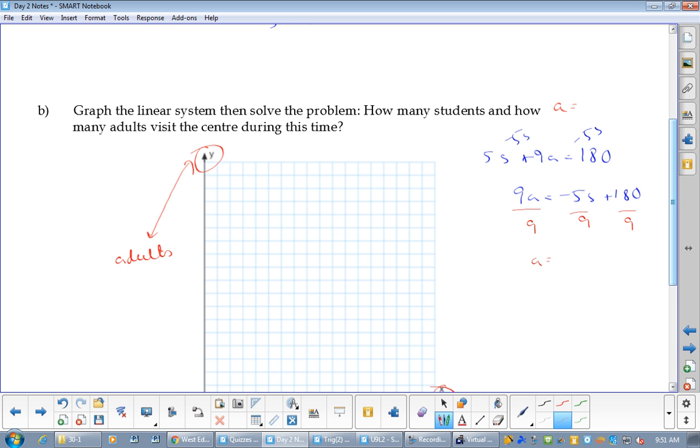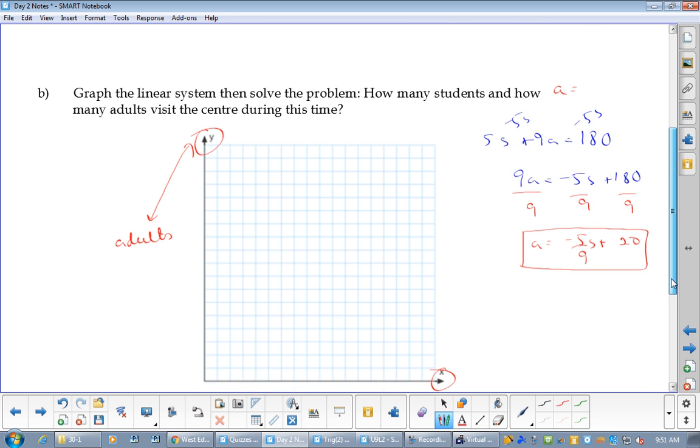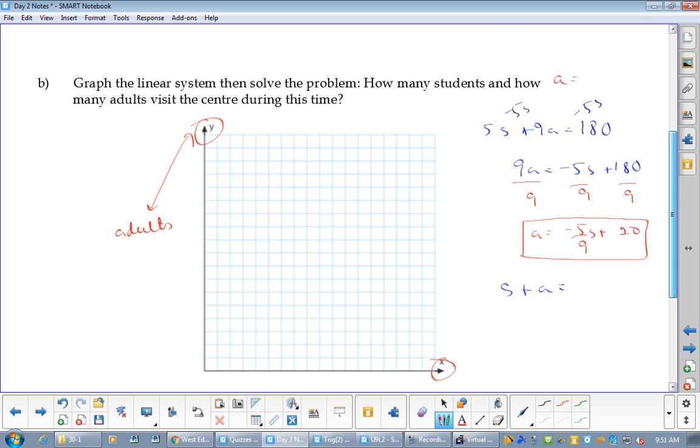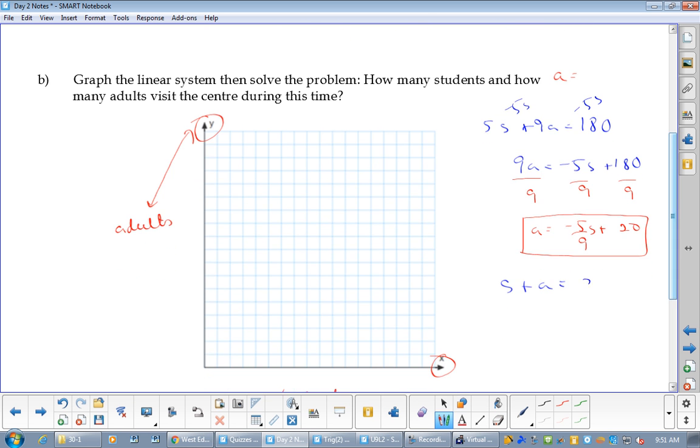I'll have A equals negative 5/9 S plus 20. Okay, and just put a rectangle around that because that's the money statement that you're going to be graphing.